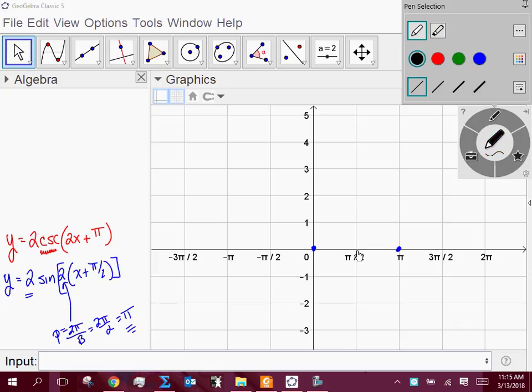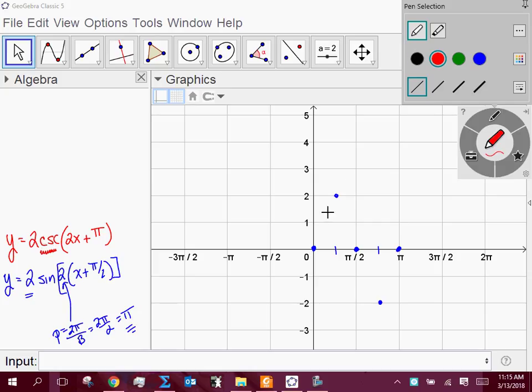Now halfway in between, we know that it goes through the x-axis again. We should have points there and there, at pi over 4 and 3 pi over 4, for right now the sine function.